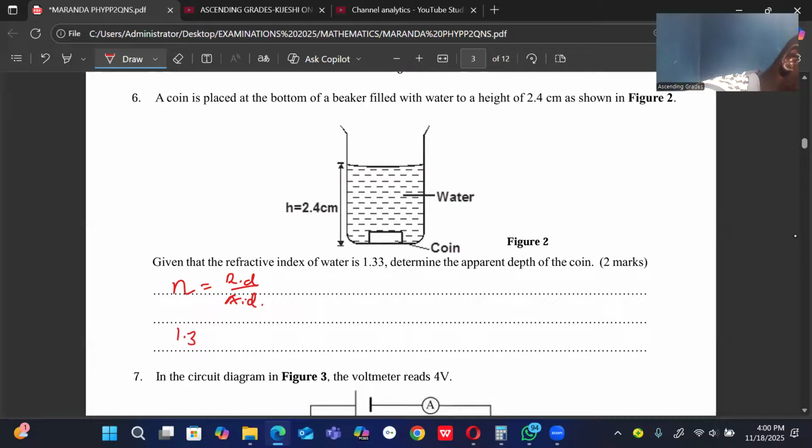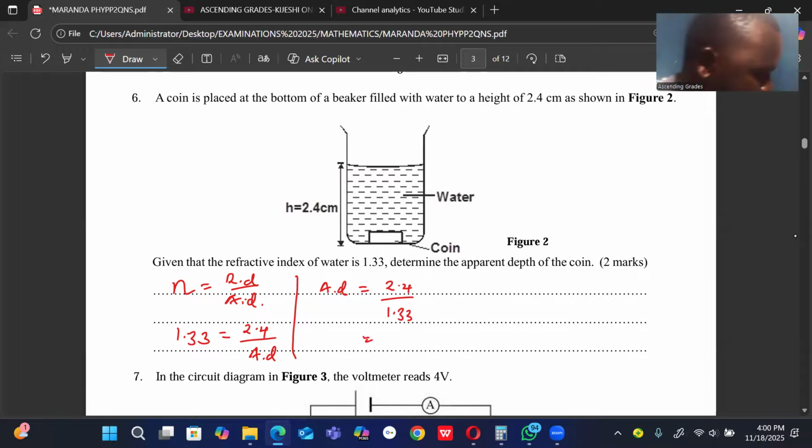Therefore, 1.33 will be given by the height of 2.4 divided by the apparent depth AD. So, making AD the subject of the formula, it will be 2.4 divided by 1.33, and this will lead us to a figure of 1.8 centimeters.